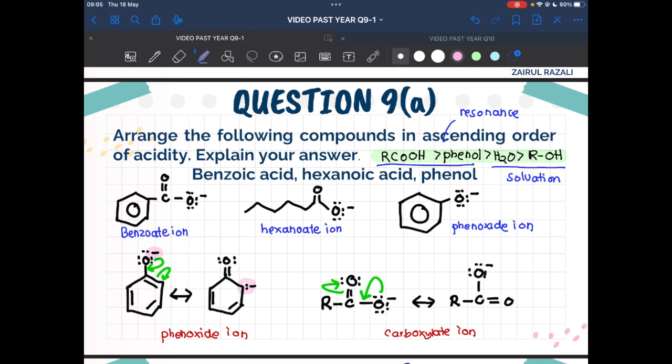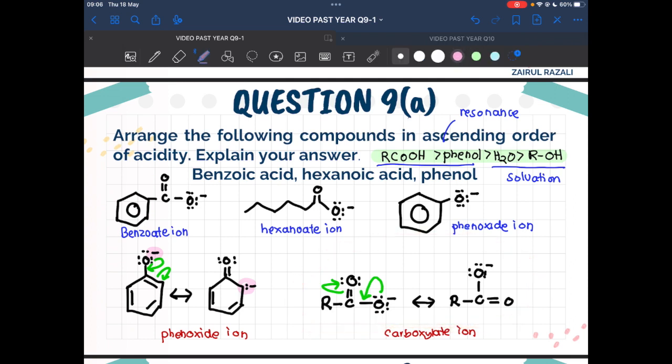Oxygen is more electronegative than carbon. So since the delocalization happens between two atoms with different electronegativity, ini menyebabkan resonance structure yang dihasilkan oleh phenoxide ion ini adalah less stable.